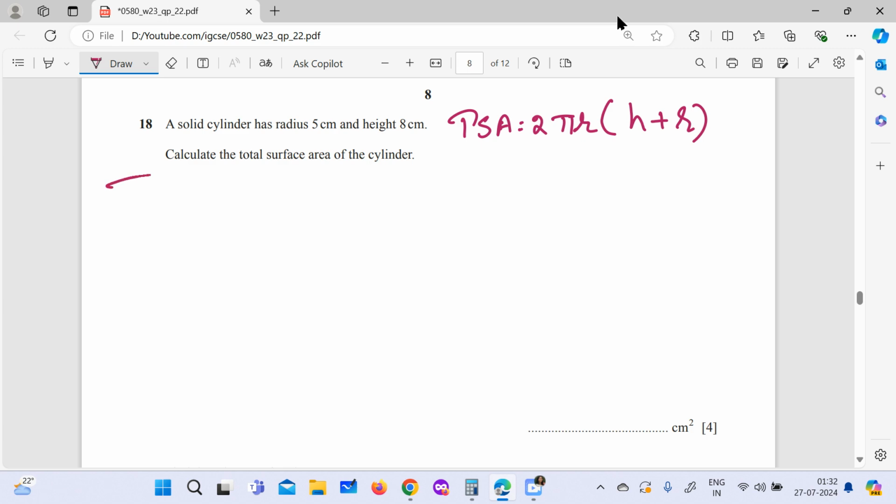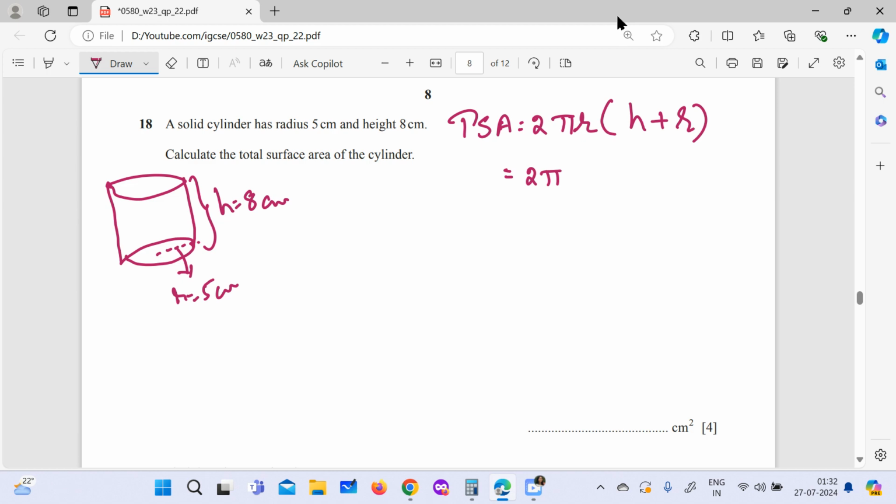So it says that a solid cylinder has a radius 5 centimeter and height as 8 centimeter. Okay, so we got all of the values. So 2 pi r is 5, and then h is 8 plus 5.